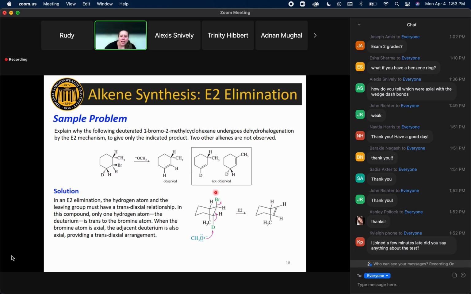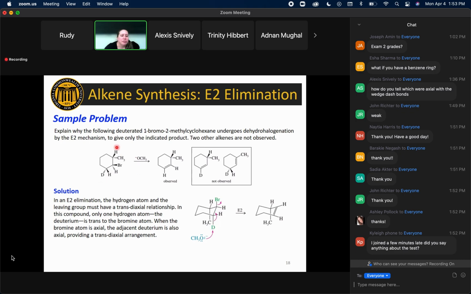When I draw my bromine in the axial position, it's above the ring. So the corresponding hydrogen on the same carbon atom is below the ring. Likewise, on the next carbon atom over, our hydrogen is coming up, so that's going to be going up from the ring. Our deuterium is going down, so that's going to be going down from the ring.